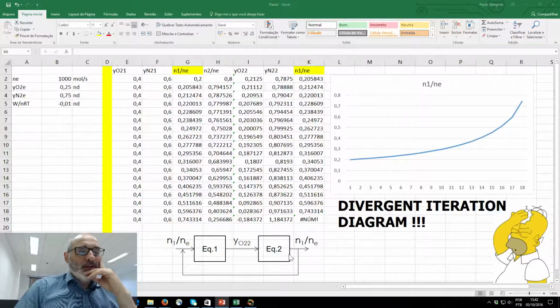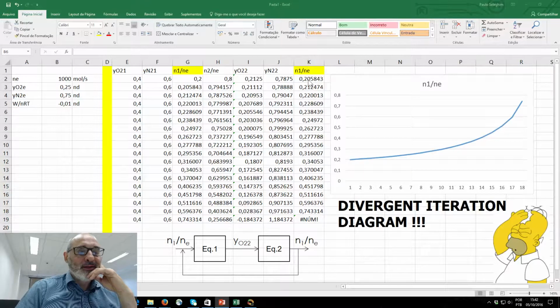And when we replace this variable here, YO2 at exit number 2, when we insert that into equation 2, we get this estimate of N1 divided by Ne. And the idea is to replace, to iterate.